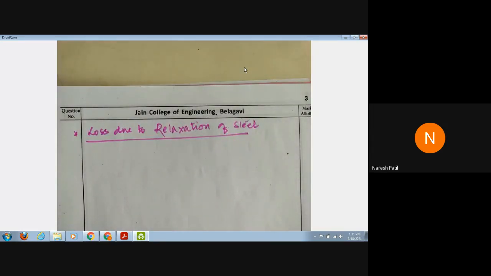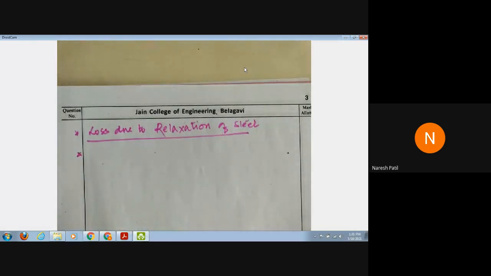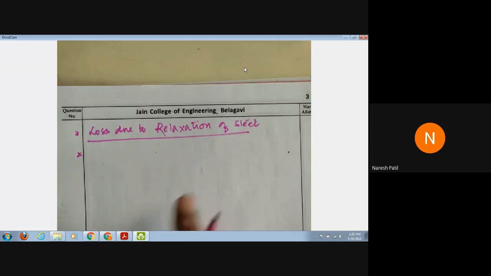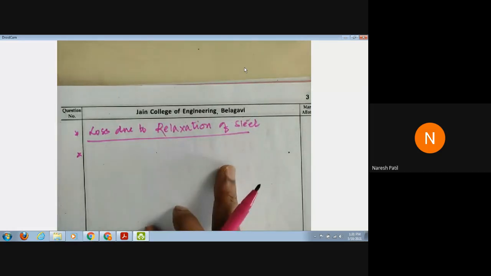So this loss will take place only in post tension sections. Sorry, this may happen in both. Okay, first due to relaxation of steel.